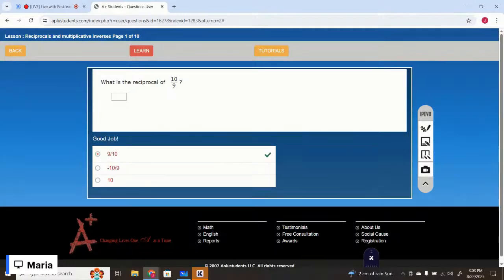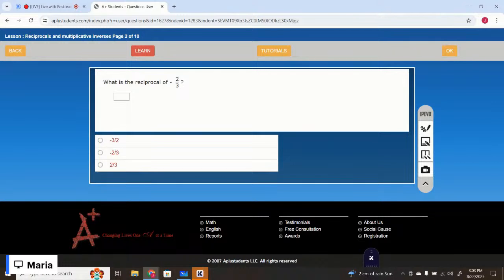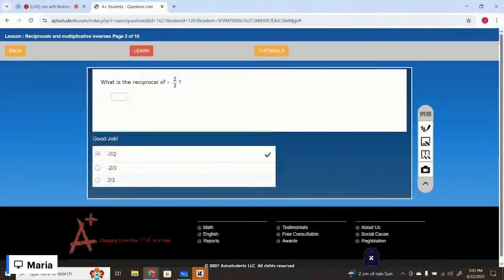Option number 1 is the correct option. What is the reciprocal of negative 2 by 3? That is negative 3 by 2. Option number 1 is the correct option.